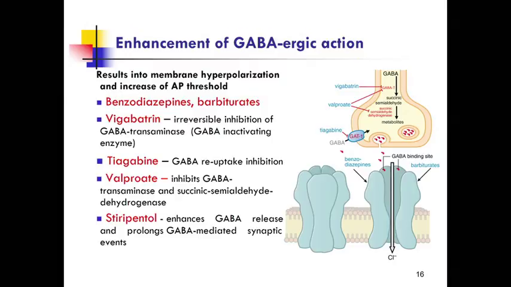GABA is taken up just like the monoamines we saw yesterday. So GABA has a transporter that takes it up. So they were also able to synthesize a GABA transporter inhibitor, and that is called tiagabine. The mechanism of tiagabine is to prevent the reuptake of GABA into the presynaptic terminal, so that the levels will accumulate at the nerve end to affect the receptors to produce the inhibition that you want.